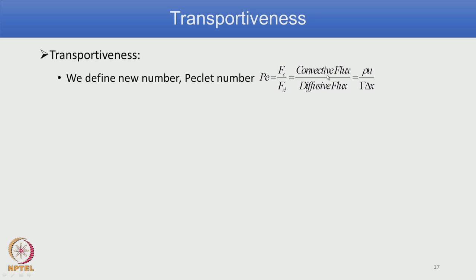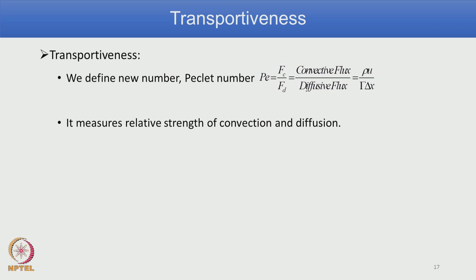If you write convective flux as rho into u, because u is a velocity and that tells you in which direction and how much it is going, that becomes the convective flux. And for the diffusive flux, gamma is the diffusion coefficient and delta x is the distance. So, the ratio of convective flux to diffusive flux is known as the Peclet number. It measures the relative strength of the convection term and the diffusion term.